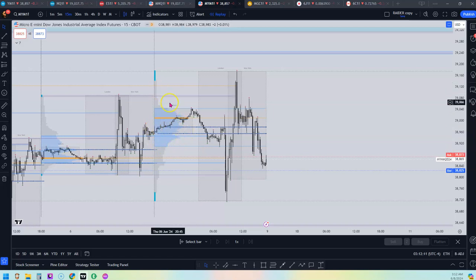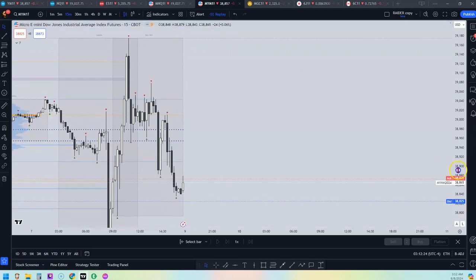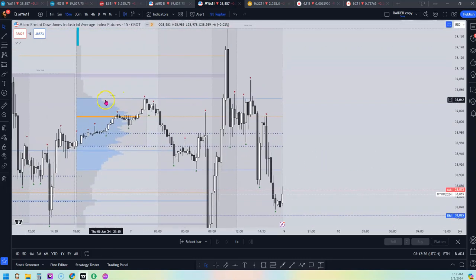And the blue part is the areas of value, where most of the orders and activity in the market are happening. I'm going to zoom in here very briefly and show you the value area high and value area low. It's very faint, but it's this line right here. I like using those specifically for the previous day, right?